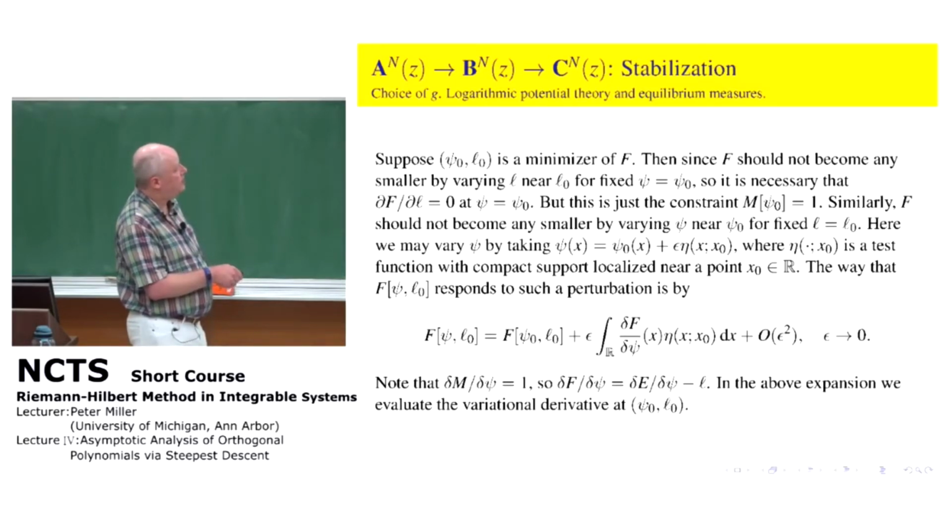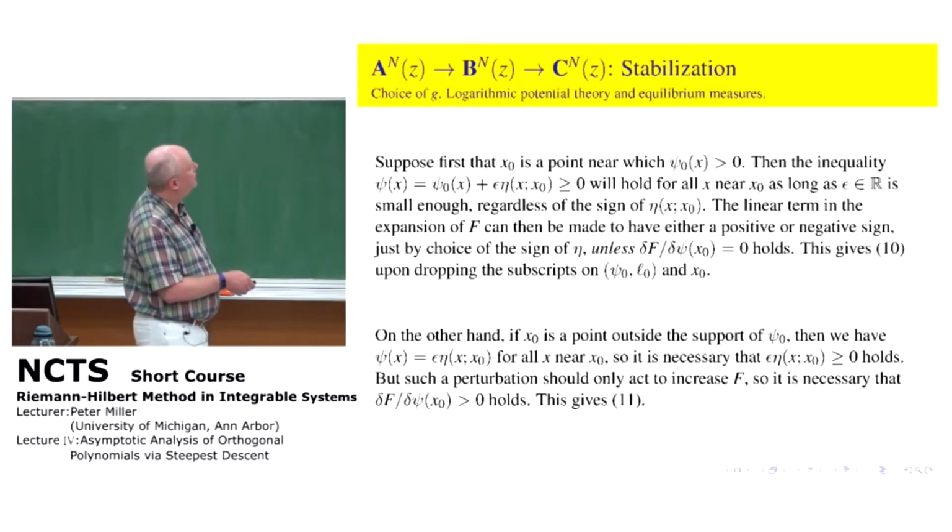We have the variational derivative showing up at order epsilon. And since the variational derivative of the mass with respect to psi is exactly 1, that means that df d psi is exactly de d psi minus L. That's what's standing here. Okay. So in this expansion, we're going to evaluate everywhere the variational derivative at psi 0, L 0.